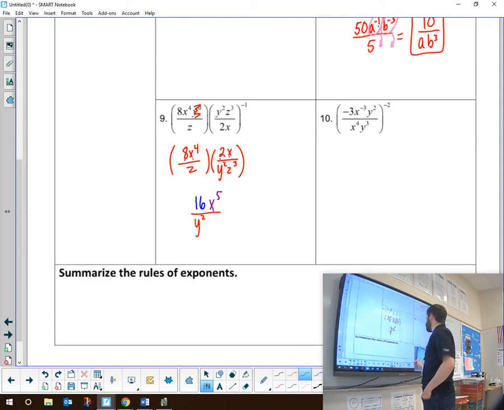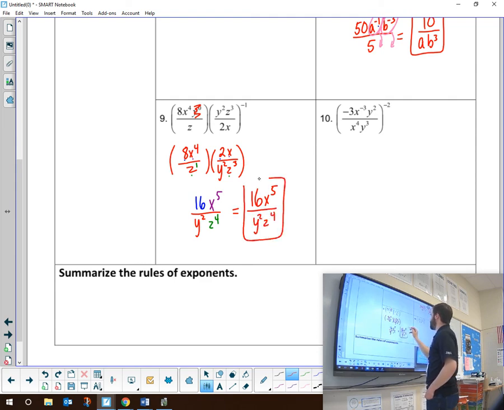And then we're going to multiply my z's. Z to the 3rd and z are going to multiply together. Remember, there's an invisible 1 right there. 3 plus 1 is 4, so this could be z to the 4th. And then that's my answer. I'll just rewrite it with all one color. 16x to the 5th over y squared z to the 4th. And I cannot simplify this anymore.